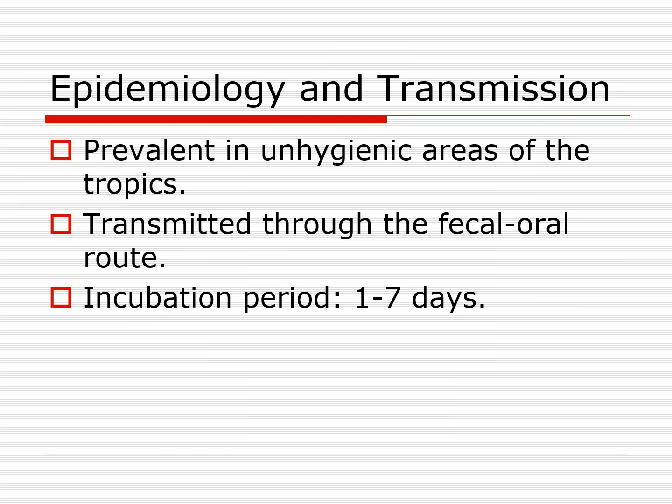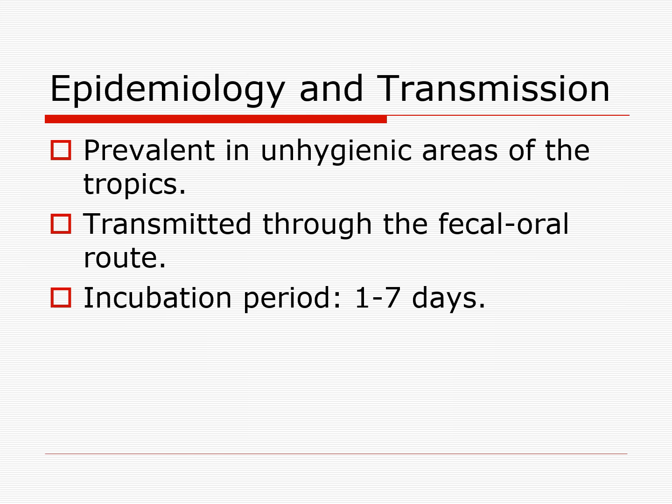Let's look at the epidemiology and transmission of dysentery. Dysentery is most prevalent in unhygienic areas of the tropics. But because it is easily spread, sporadic outbreaks are common in all parts of the world. Bacillary dysentery occurs among confined populations, such as those in nursing homes and large institutions subject to overcrowding.